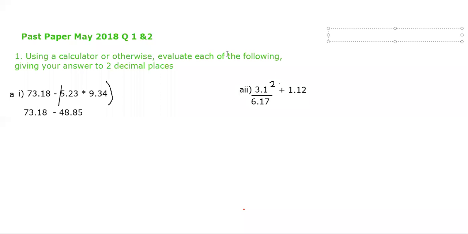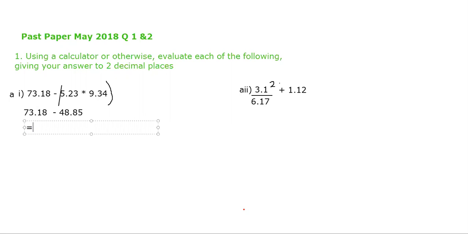So therefore, this would then give us equal to, putting in the calculator, 73.18 minus 48.85.